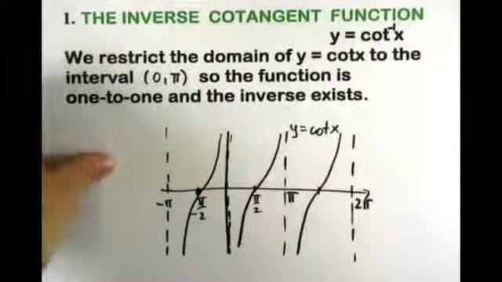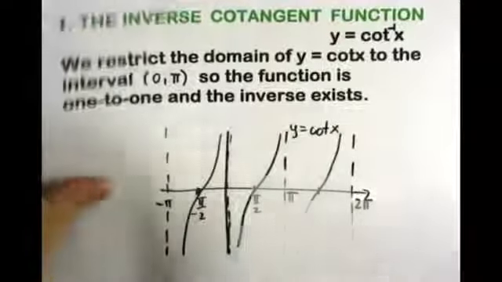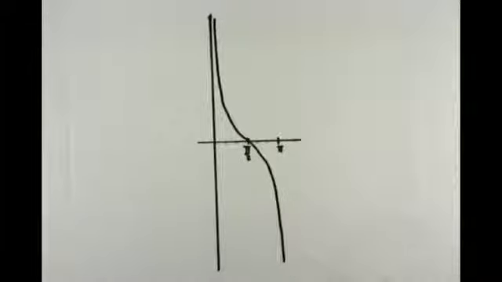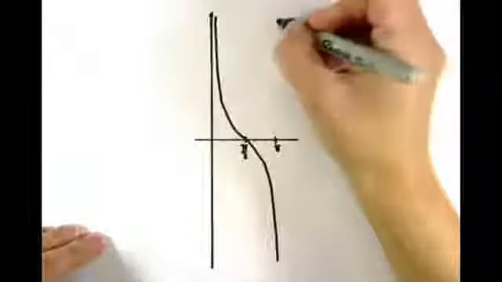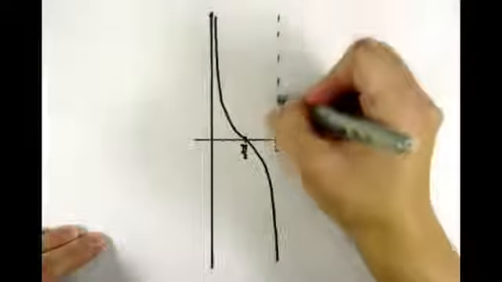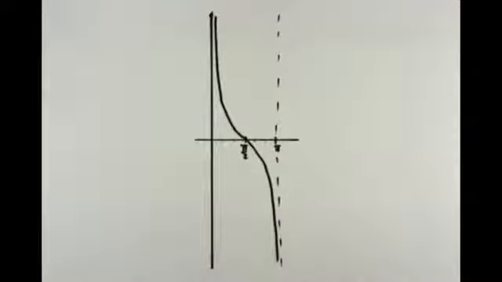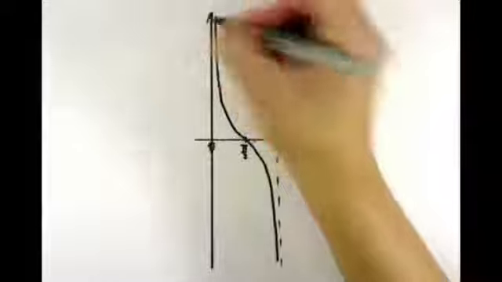So as before, we would like to draw the inverse. That's my cotangent function with the restricted domain from 0 to pi, here is my asymptote. Okay, here we have 0, x-axis and y-axis.